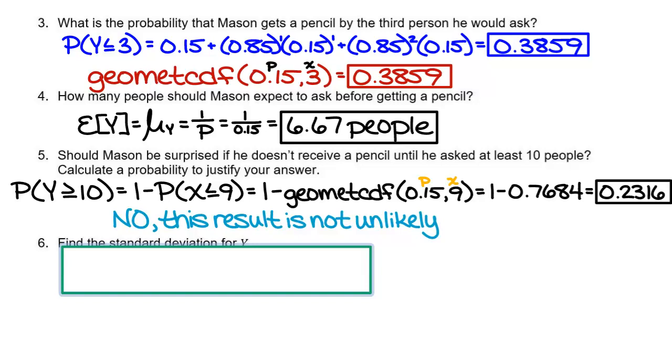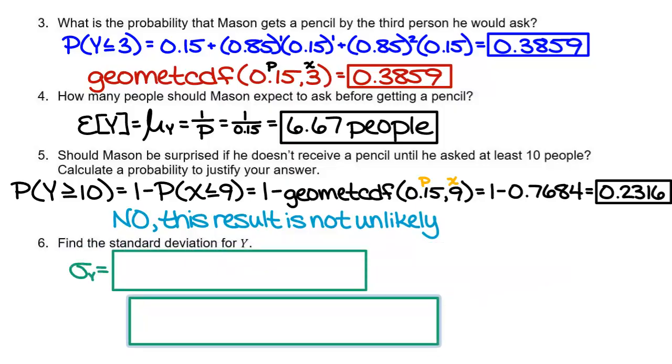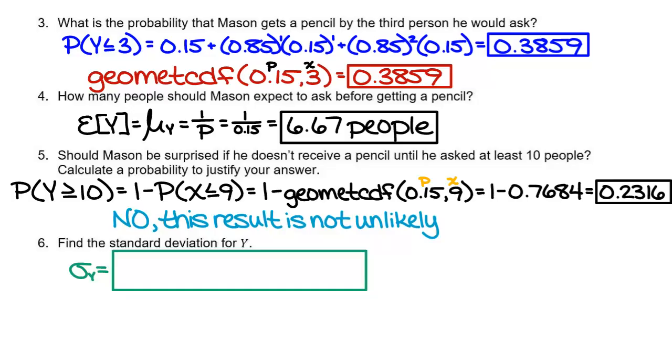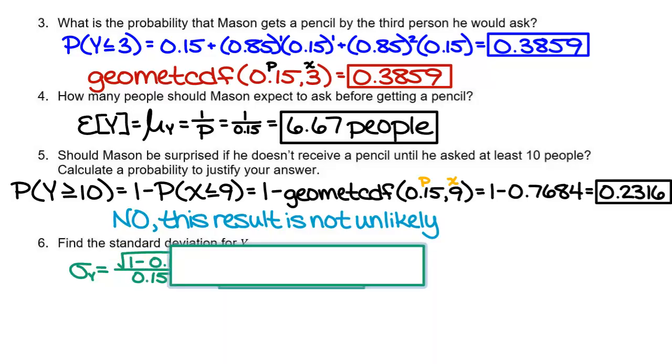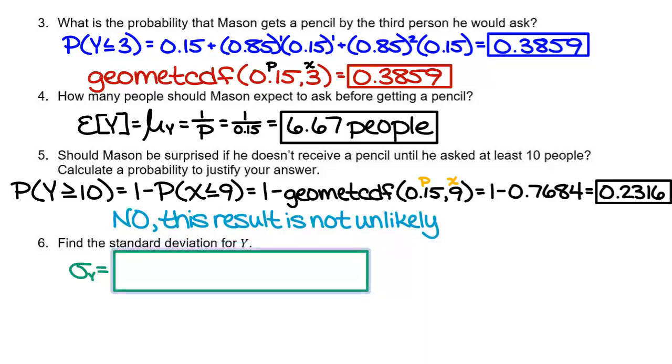Very last one, number 6. We have the formula for standard deviation up at the top of the page. I would like for you to calculate the standard deviation. What do we need to do to calculate standard deviation here?